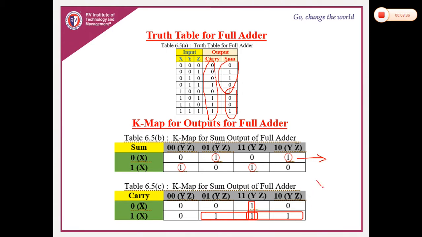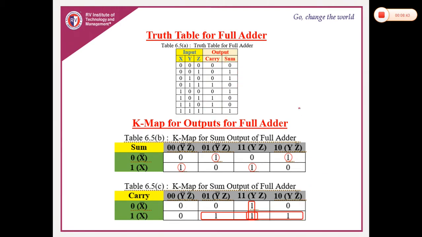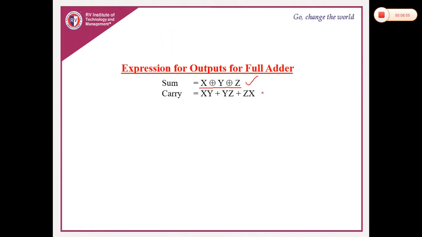So if I write the expression for this, it is nothing but xy plus yz plus zx. Okay, so that is nothing but carry expression. So the same thing is written here, xy plus yz plus zx. So sum and carry, we got it.